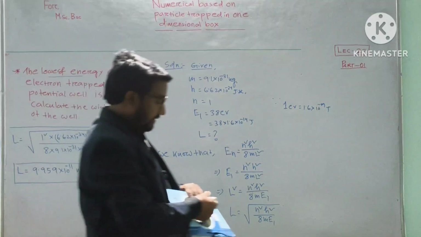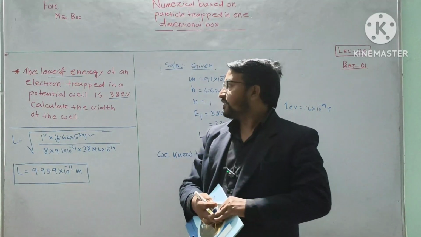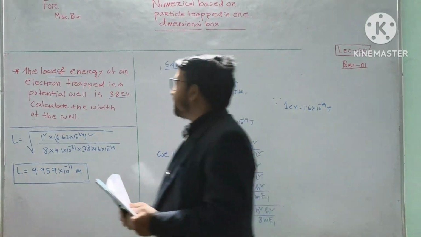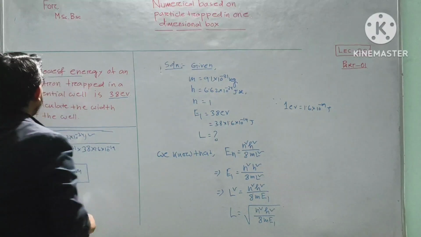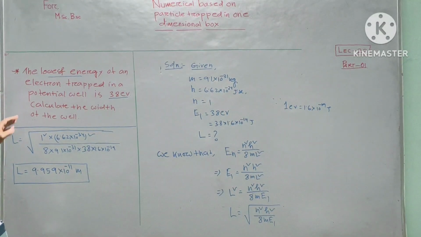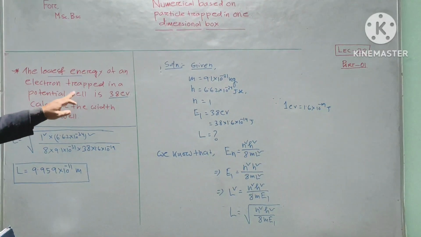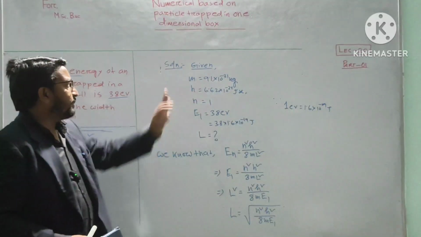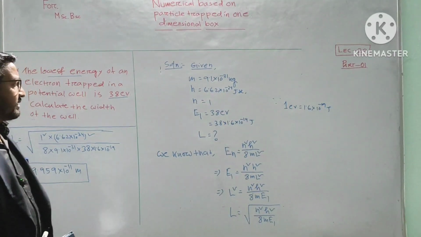For your better understanding, I am going to repeat this once again. The statement of this problem: the lowest energy of an electron trapped in a potential well is 38 electron volt. Calculate the width of the well. The given information: particle is electron, so mass is 9.1 into 10 to the minus 31 kg.